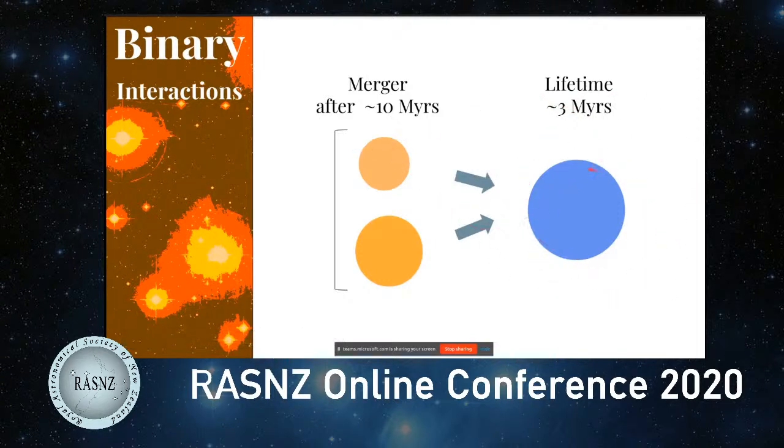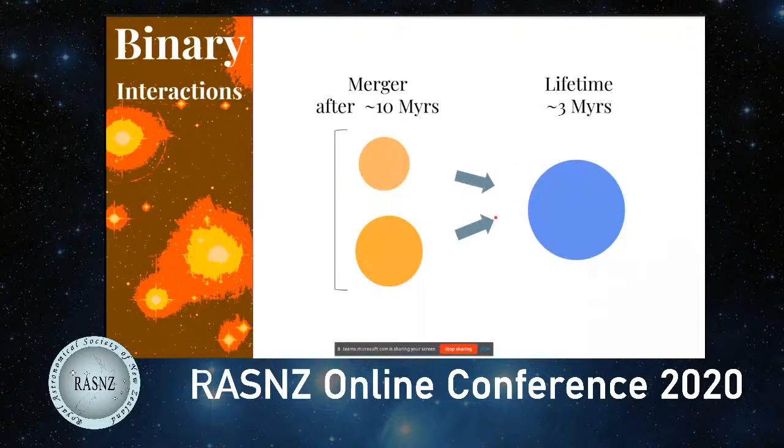But the stars around it have an age of 10 million years, and you can't reconcile that with your single star models, right? This big boy should have died already, but it's just come from a merger.